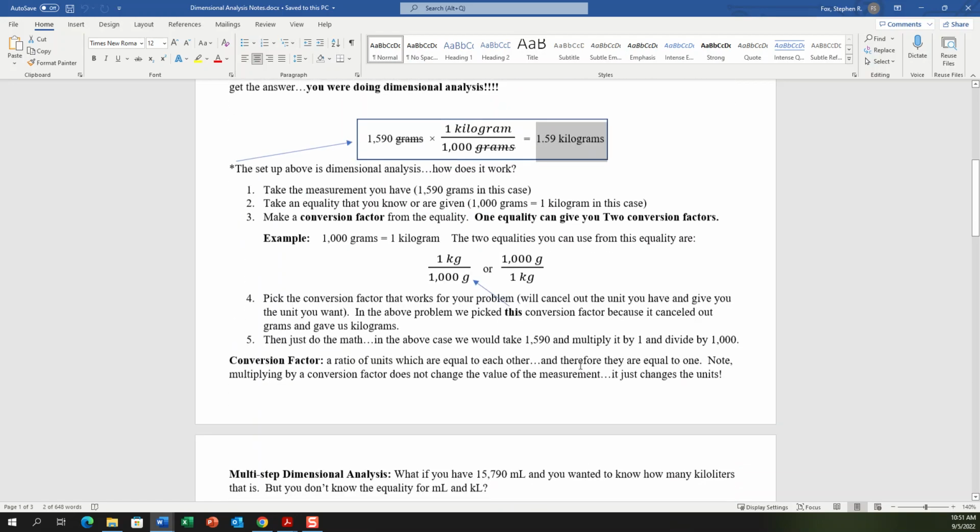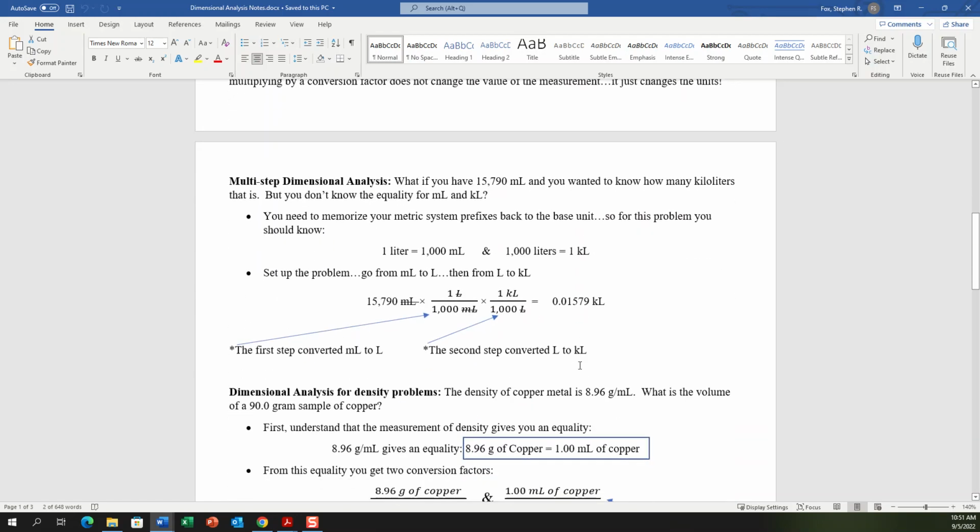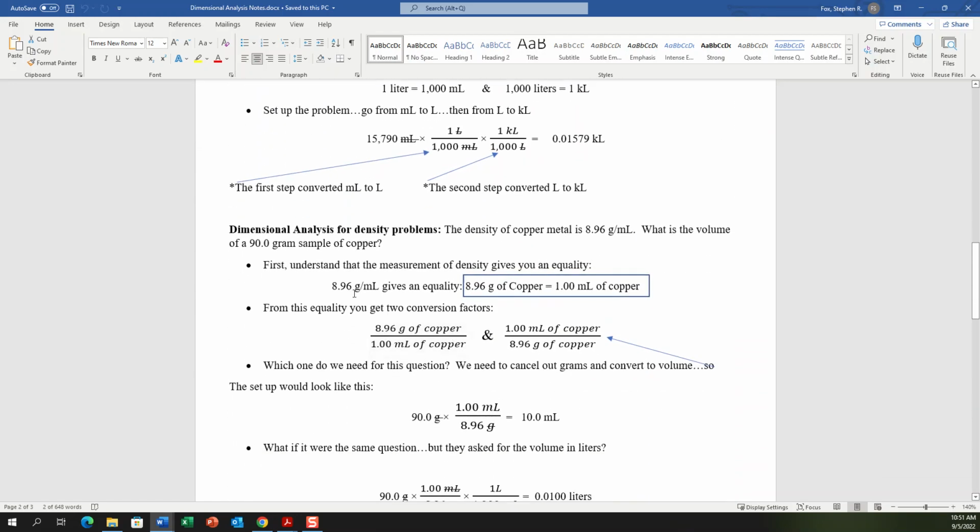So that's one thing. And the other thing is understanding when you're given units like this, and I'll have plenty of examples coming up here in a second, grams per milliliter. We know that's a density, but it doesn't matter if it's a density or a speed or something else. If it's this unit divided by that unit, so grams divided by milliliters, we should interpret this as an equality. In the notes, this was the density of copper.